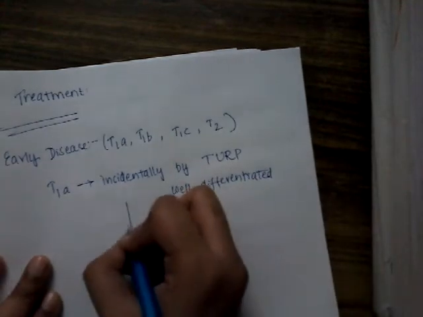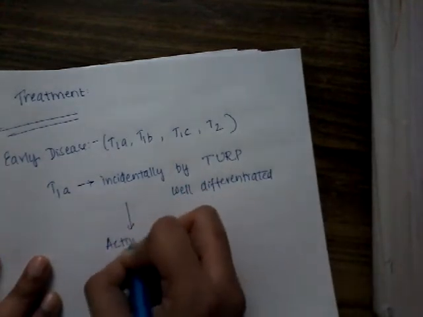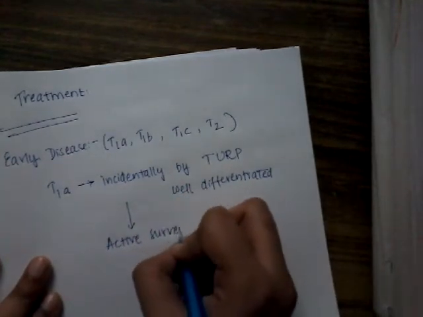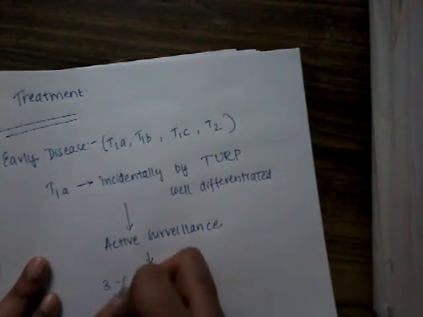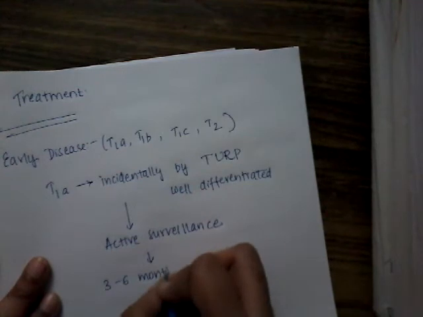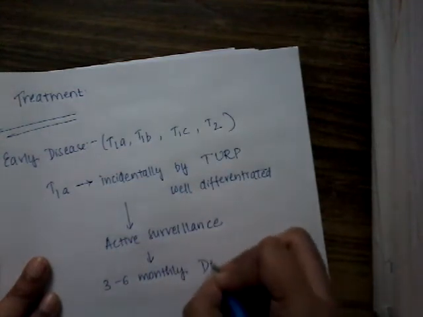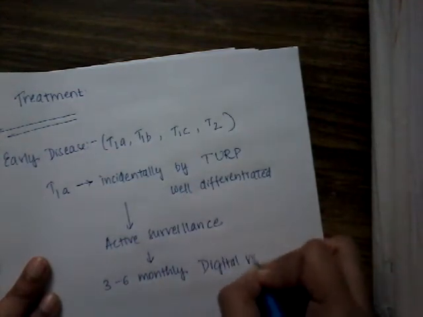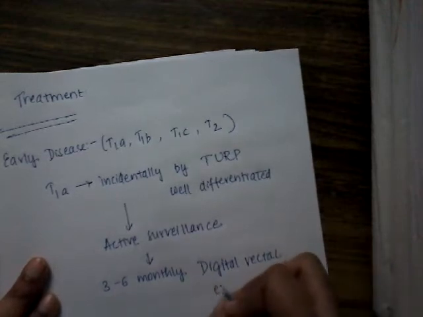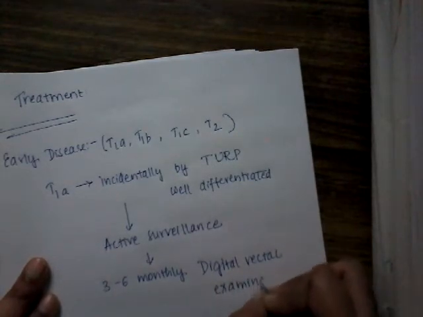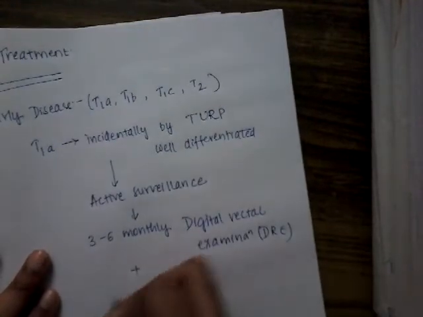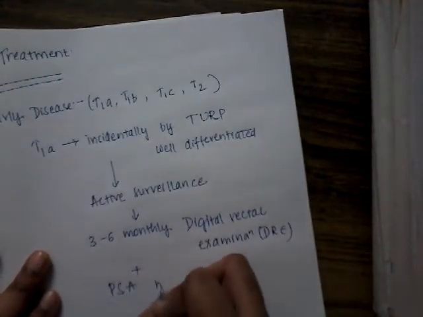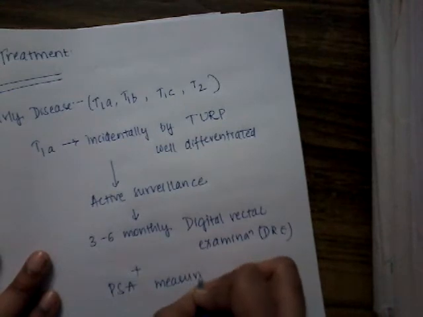What you do in this stage is active surveillance with 3 to 6 monthly digital rectal examination, that is DRE, plus prostate specific antigen measurement.